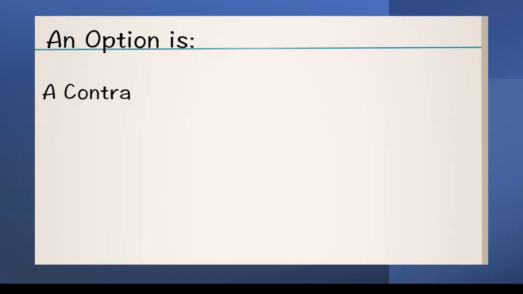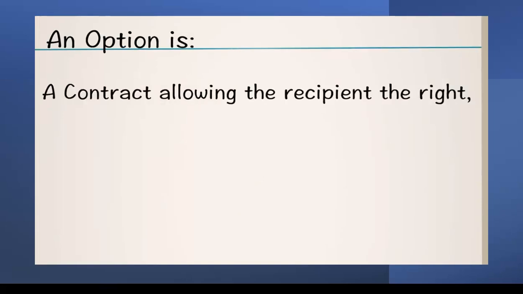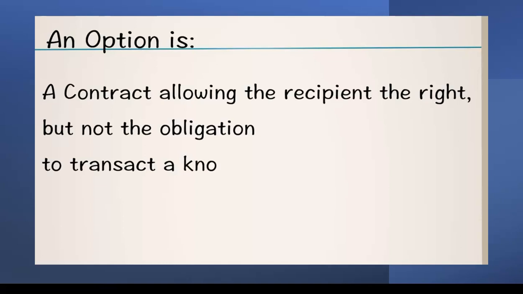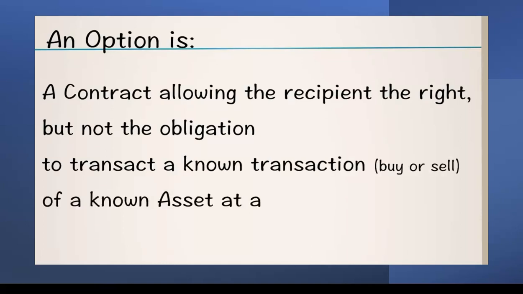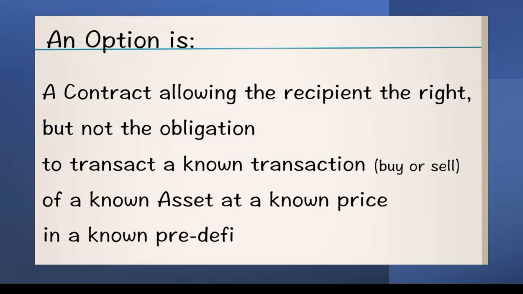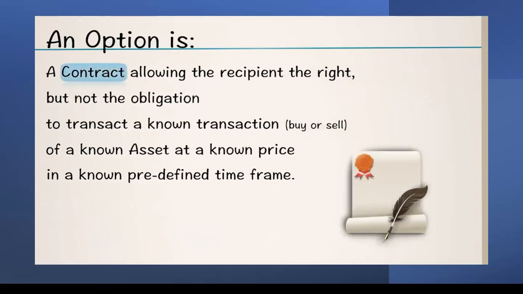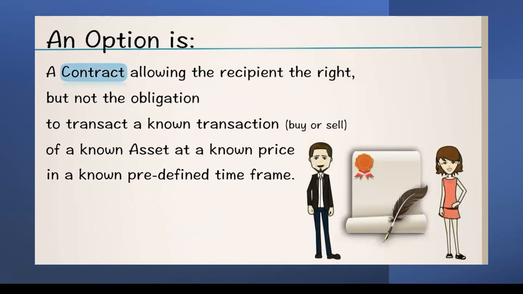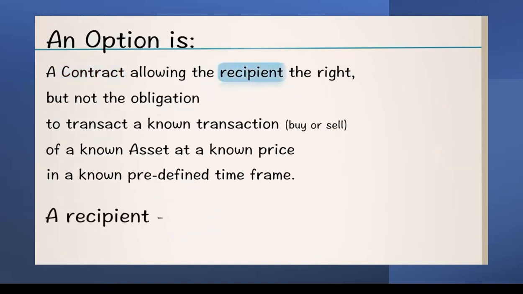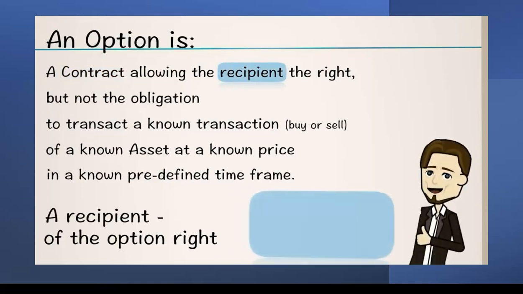An option is a contract allowing the recipient the right, but not the obligation, to make a known transaction, buy or sell, of a known asset at a known price in a known predefined time frame. A contract: the option agreement between two parties. A recipient of the option right. In our case, it's Bill, also called the option buyer or the option holder.